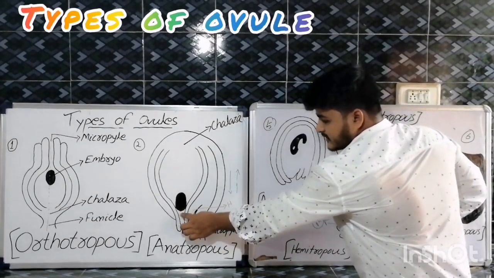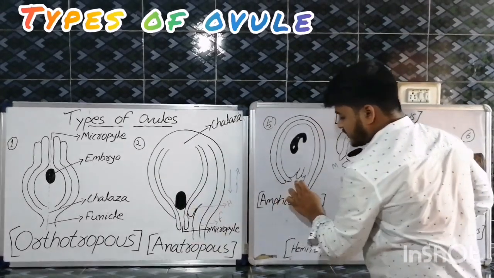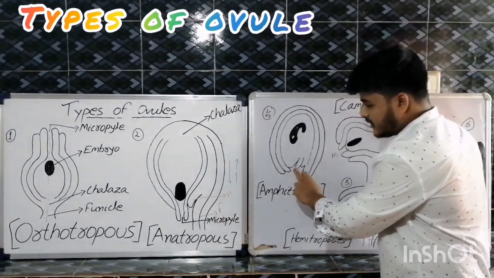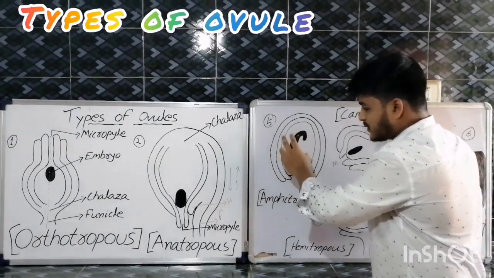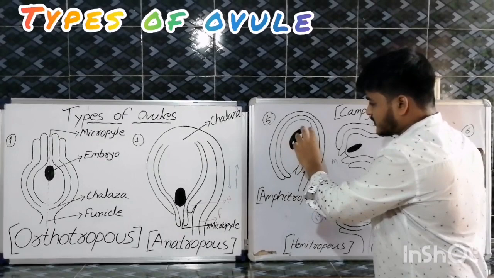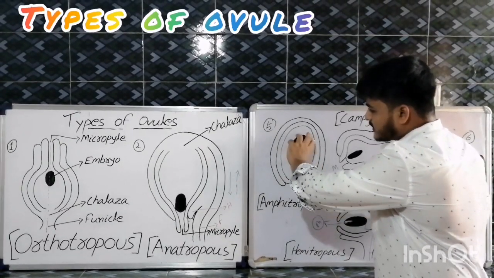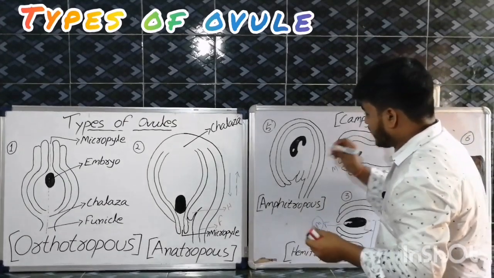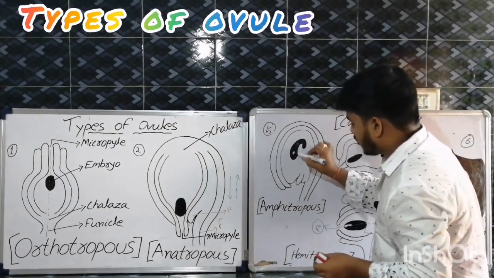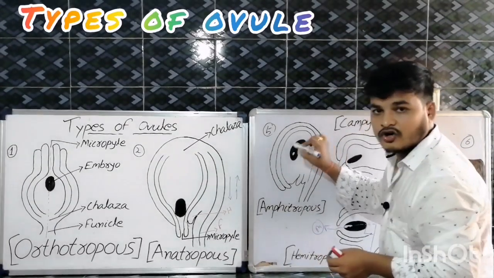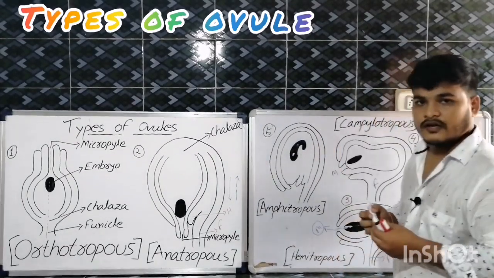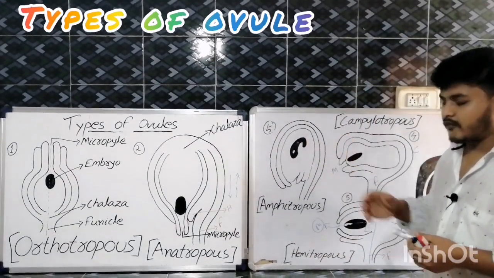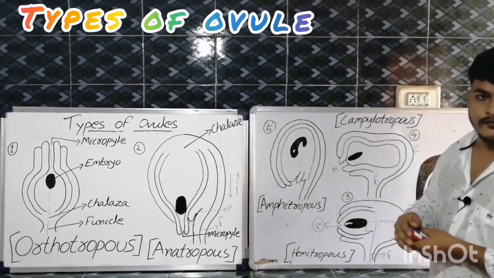But the nucellus part is changed, and the embryo is bent in a horseshoe-like structure. This type of ovule is otherwise called a horseshoe shaped ovule.